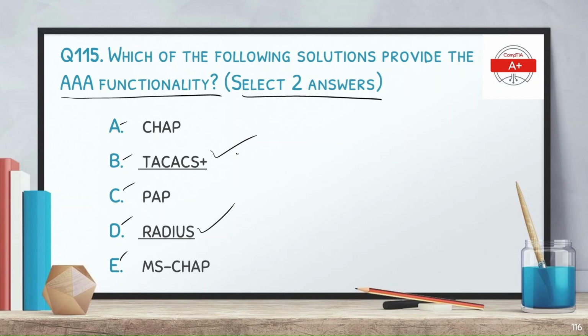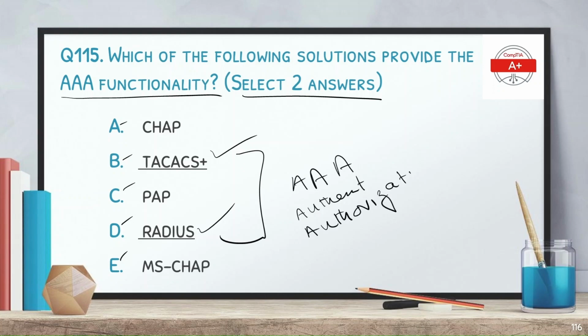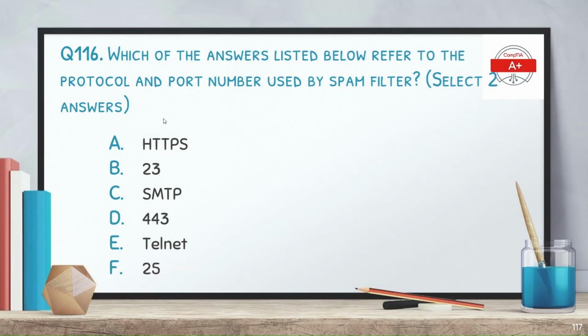So both of these solutions provide us with AAA functionality, and this AAA is authentication, authorization, and accountability, or simply accounting.